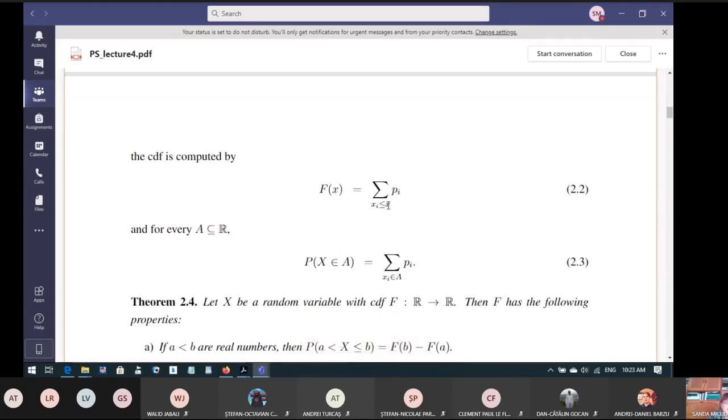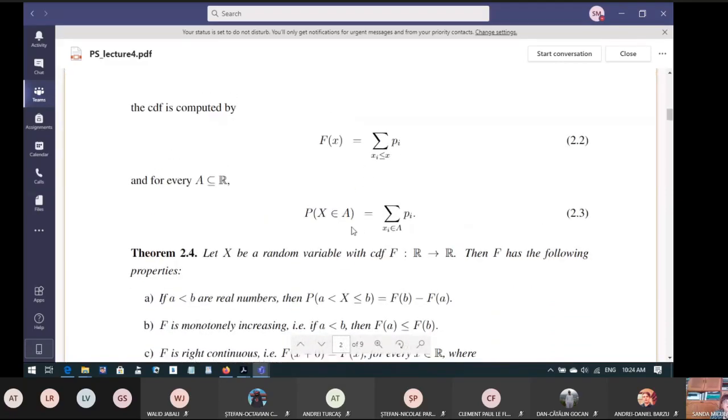Basically, this is a subset of R, the interval from minus infinity to little x. Any subset of R, it's going to be the same thing. We're looking at those values of the random variable that belong to that set, and add the corresponding probabilities. Actually, here we do give an example later on because the subsets of R aren't very interesting.